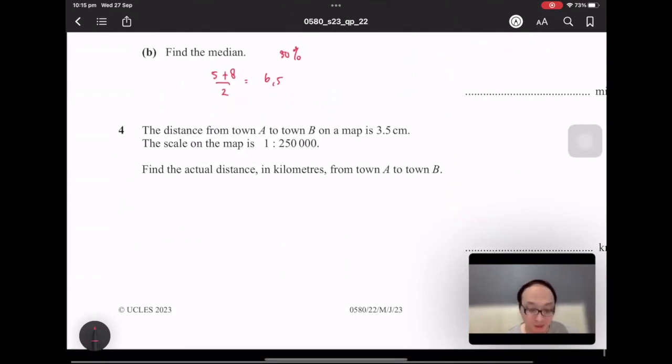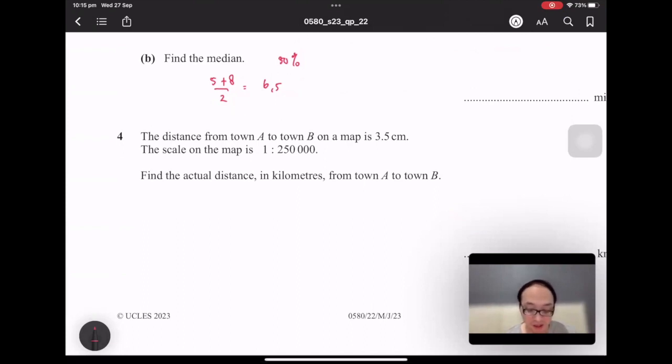Number 4. The distance from town A to town B on the map is 3.5 centimeters. The scale is 1 to 250,000. Find the actual distance in kilometers. The scale means 1 centimeter on the map equals 250,000 centimeters actual distance.